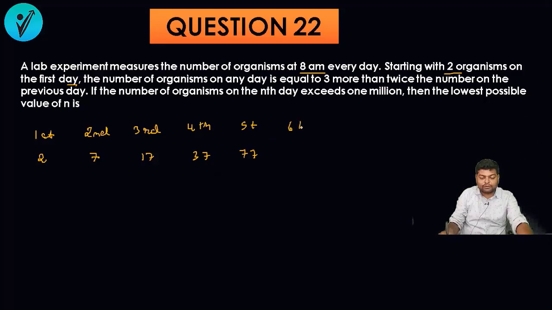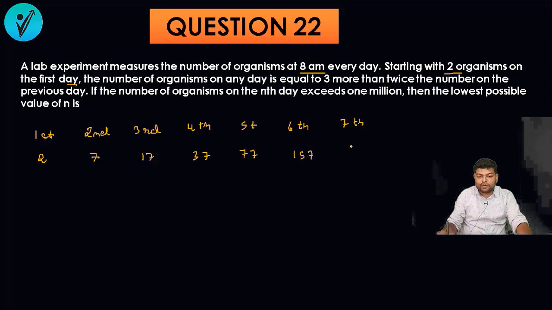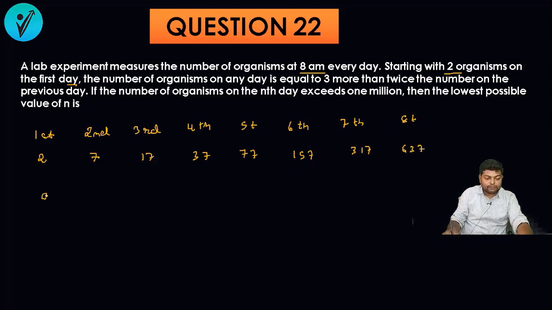On the sixth day what will we be seeing? 77 ka double, which is 154, 154 plus 3 is 157. On the seventh day what will we be seeing? 314 plus 3, so 317. On eighth day we'll be seeing 634 plus 3, so 637. On the ninth day what will happen?